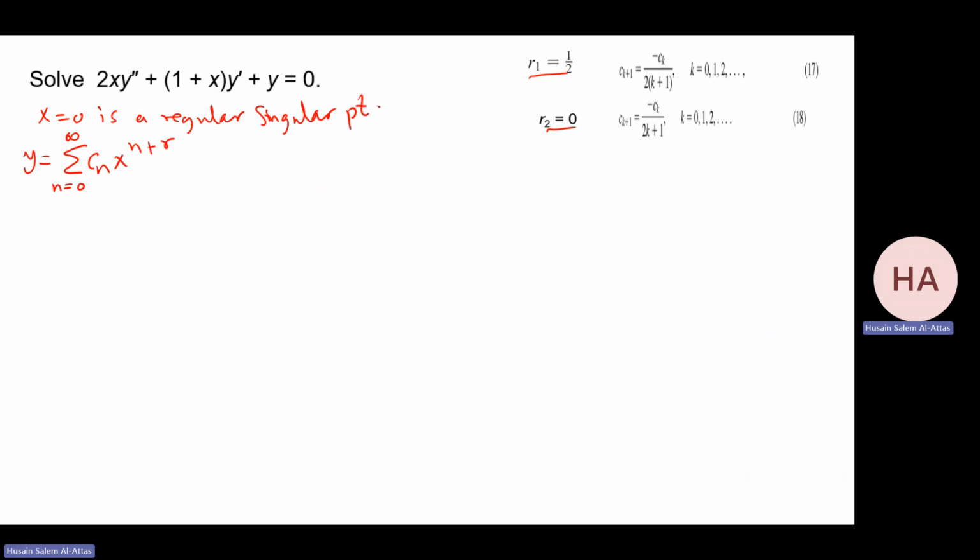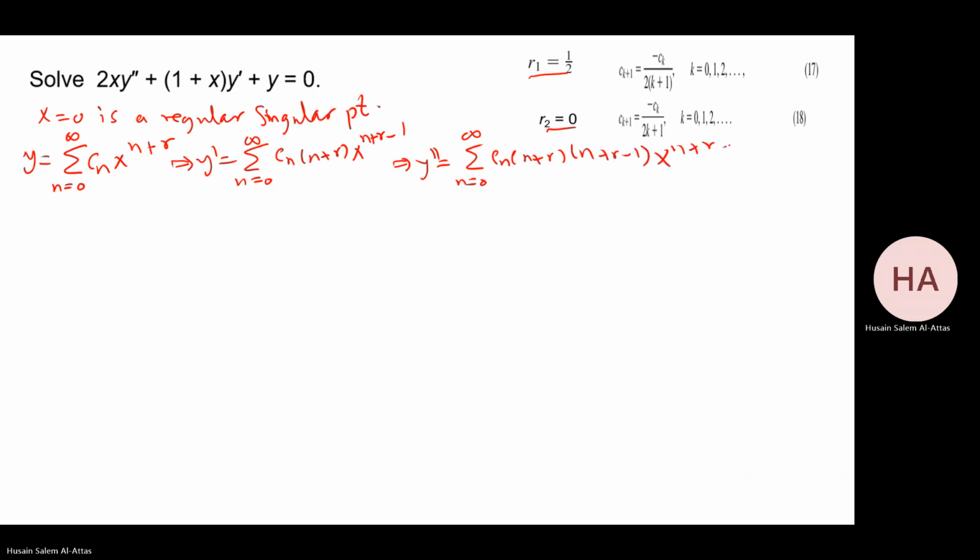I have this r. So y prime, don't forget the same starting point, n equals 0, but now the derivative of this: x to the power n plus r minus 1. y double prime, the same thing, but now I need n plus r minus 1, x to the power n plus r minus 2.